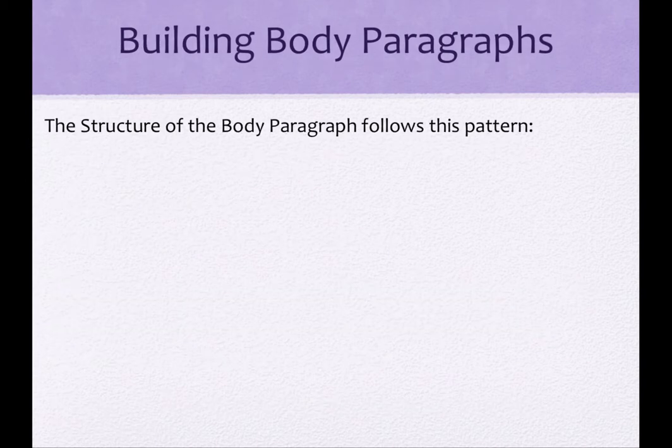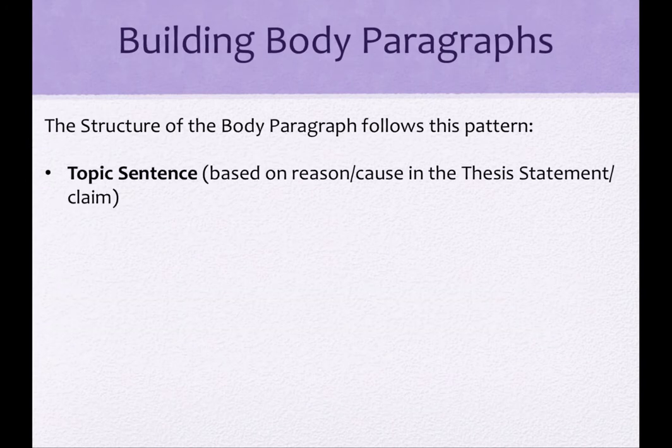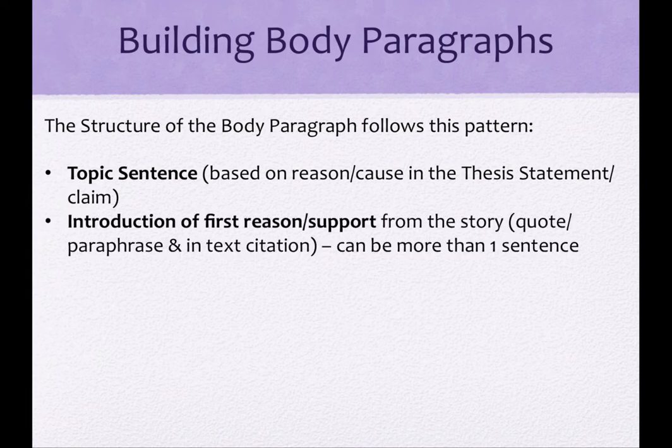The structure of the body paragraphs follow this pattern. Like any paragraph, you start with a topic sentence, and this will be based on one of the reasons or causes in your thesis statement, your claim. You will introduce the first example, support from the story or articles, a quote, a paraphrase, and an in-text citation. That might be one or more sentences.